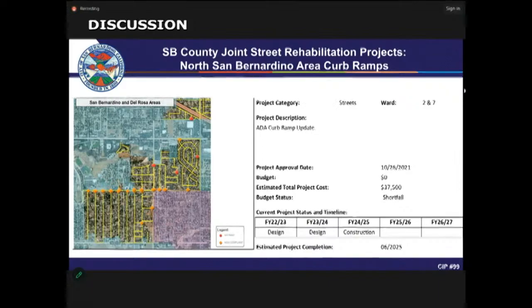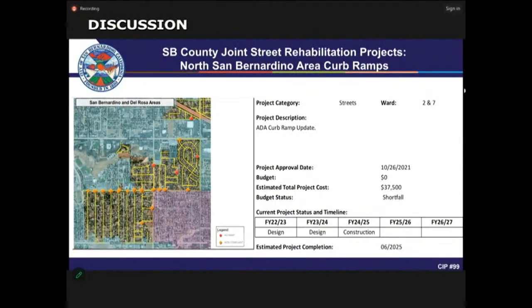This is in the North San Bernardino area, the curb ramps. The total project cost is $37,500, the design is right now in a planning phase, and the estimated project completion is June 2025.